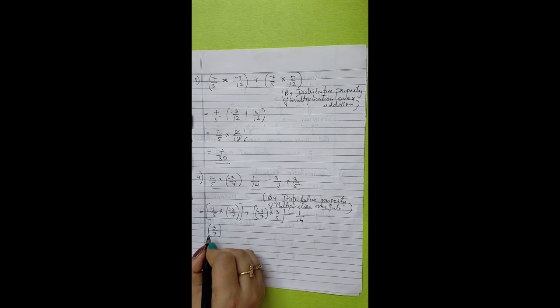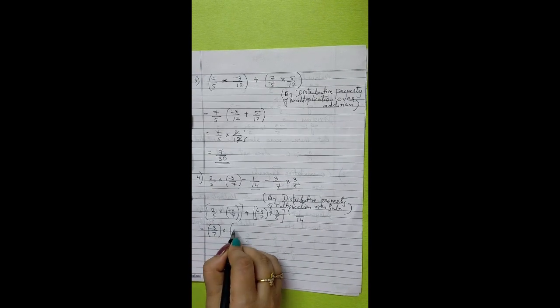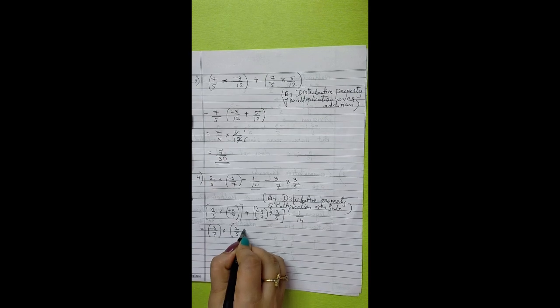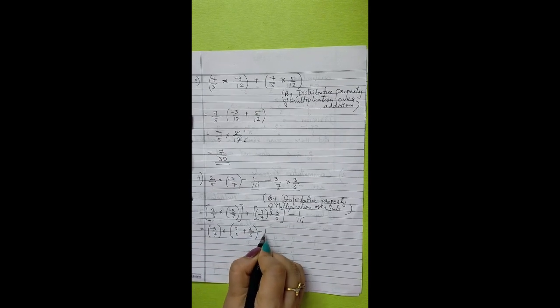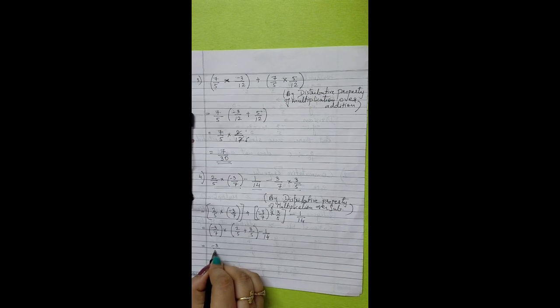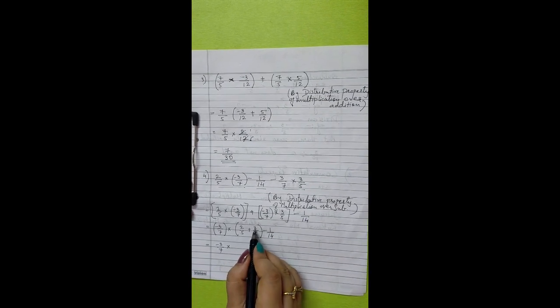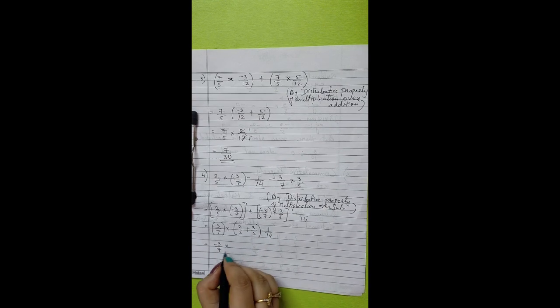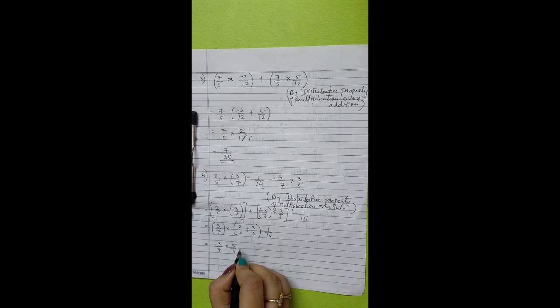Here from these two groups minus 3 upon 7 is common. So that we will be taking out. Now what is left over here is 2 upon 5 plus 3 upon 5. And this minus 1 upon 14 we will be taking as it is. Now here minus 3 upon 7 multiplied by, if we take this, it will be 5 upon 5. 2 plus 3 is 5, and again upon 5, that is, we will be taking it as 1.